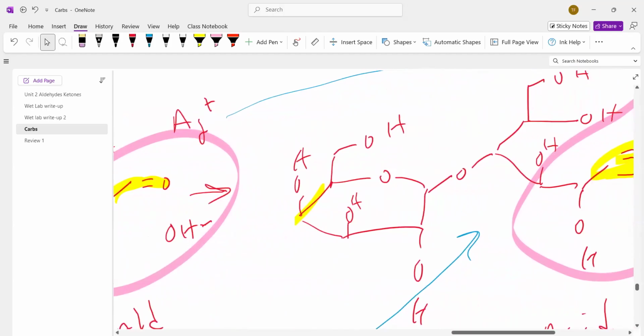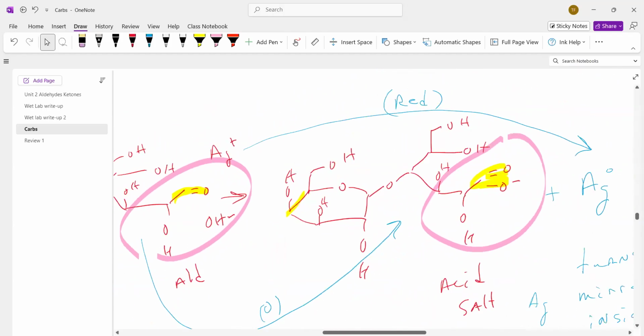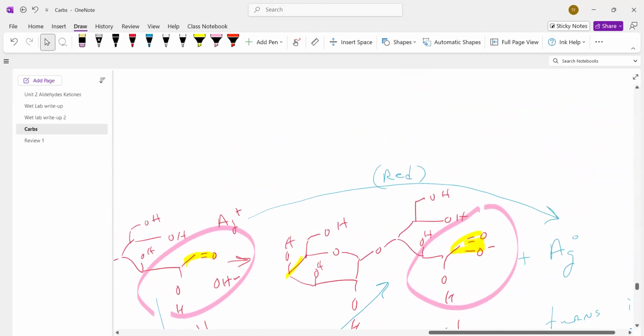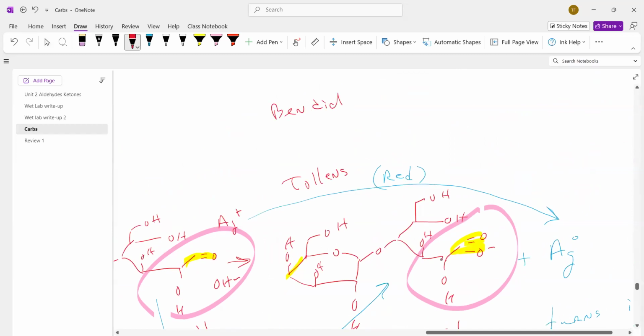In the case of Tollens, it's Ag plus. In the case of Benedict's, we go from copper plus 2 to copper plus 1. The aldehyde does the same thing, also in a basic environment.